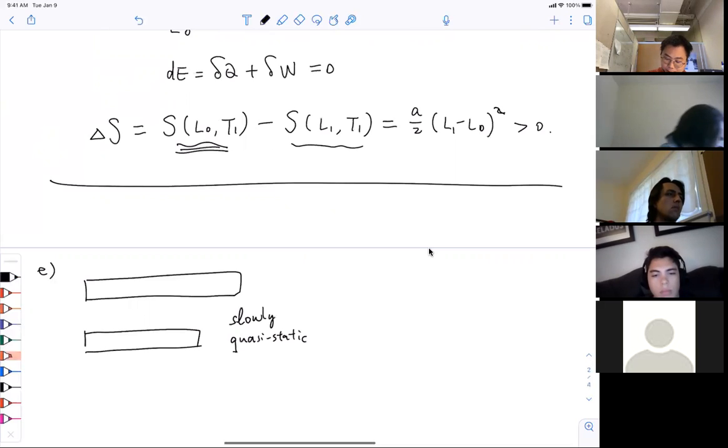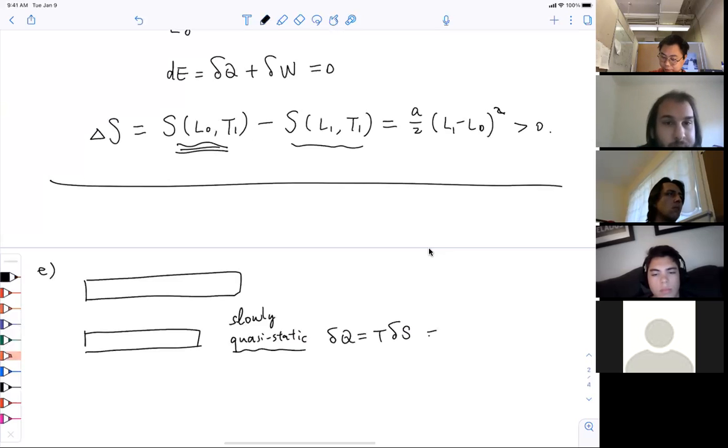But because it's quasi-static, we have an extra condition: delta Q equals T delta S, which vanishes, meaning that in this process there's no entropy change.